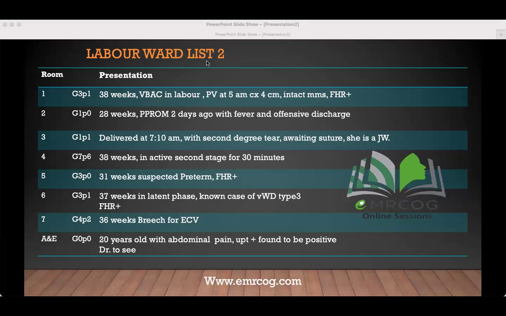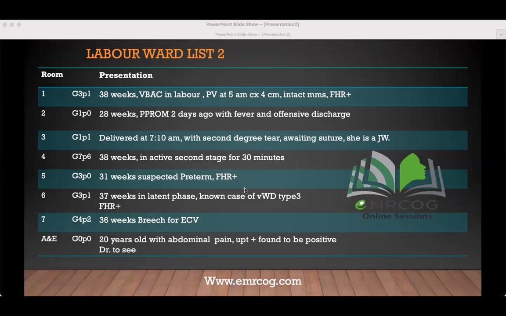Okay, so what is available is that this patient comes with contraction, with suspected preterm, and the fetal heart rate is okay. What's your recommendation for management? Okay, so for this patient, the contraction, I would like to follow up the patient and also monitor the baby by CTG.